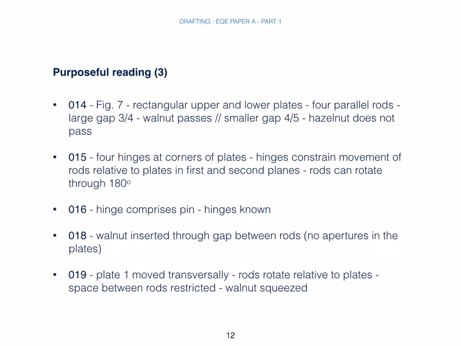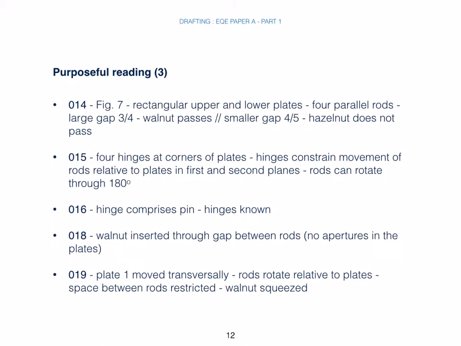Let's see, what does the client say in paragraph 14? The nutcracker of figure 7 has a rectangular upper plate 1 and a rectangular lower plate 2, as we saw just by looking at the drawings. The plate 1 has the same size as the plate 2. Plates 1 and 2 are connected to each other by means of 4 rods, 3, 4, 5 and 6, that are parallel to each other. The rods 3 and 4 are separated by a gap through which a large nut, such as a walnut, can be inserted.